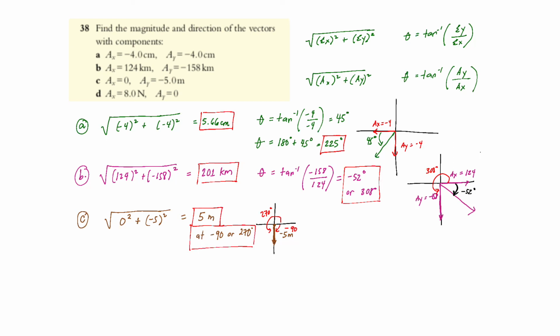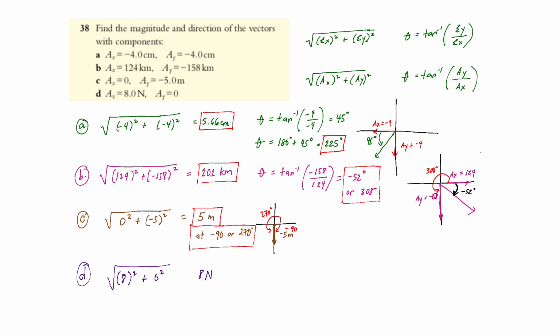And how about now for letter D? AX is 8 Newton. So that would become 8 squared plus 0 squared, and our answer here is 8. I'll change it to Newton because we're looking for Newton, by the way: 8 Newton.